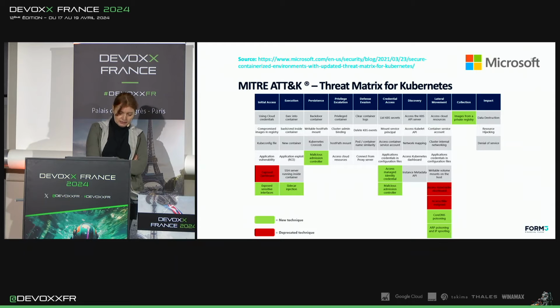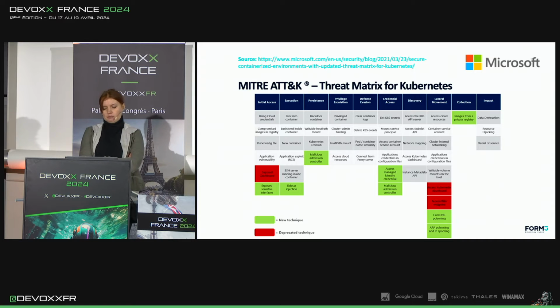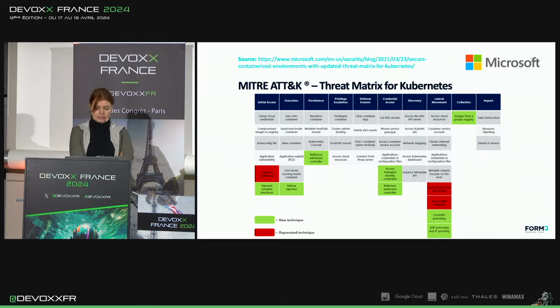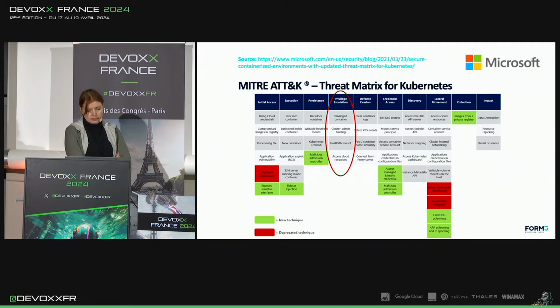And in 2020, Microsoft published this threat matrix based on the MITRE ATT&CK framework, which shows various risks and threats for Kubernetes. It was updated in 2021, and we do have a privilege escalation column here.